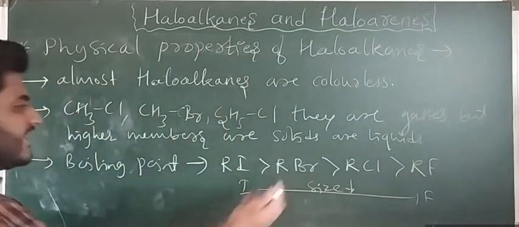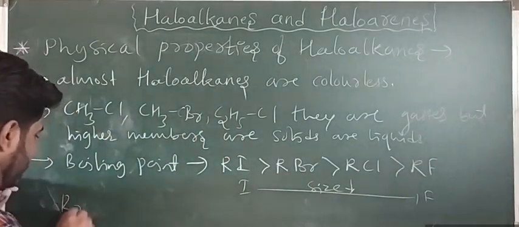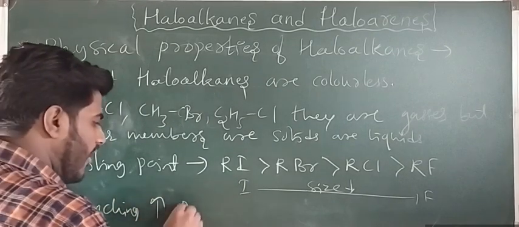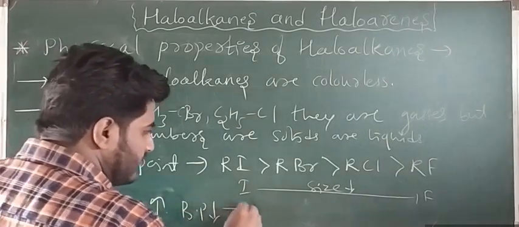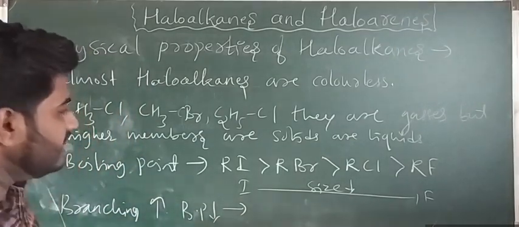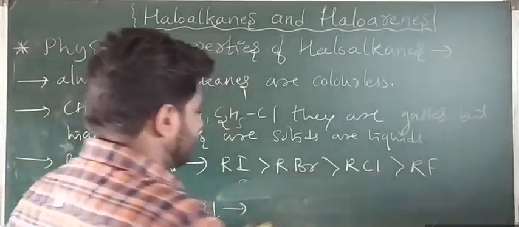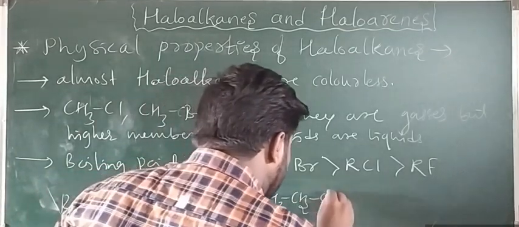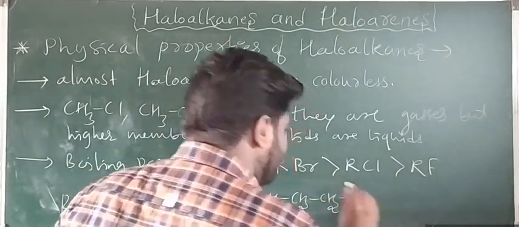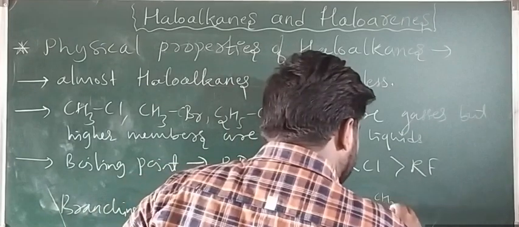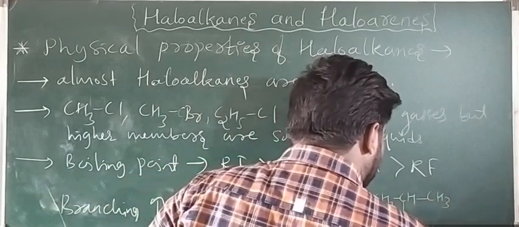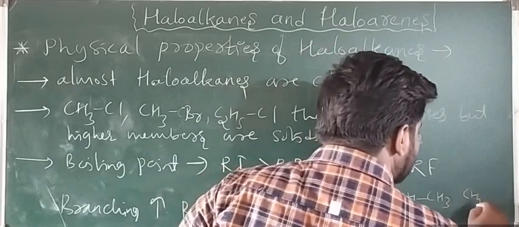Similarly, if branching increases, boiling point decreases. I will give an example. This is CH3CH2CH2Br, then CH3 CHBr CH3, and the last member is this one.